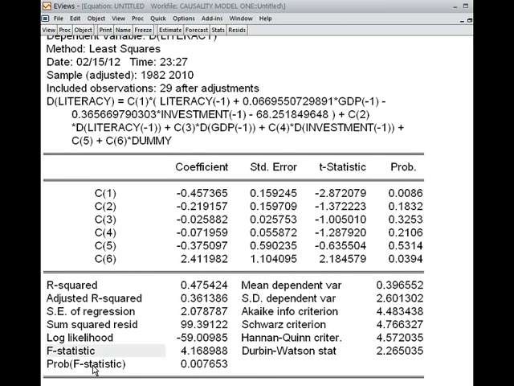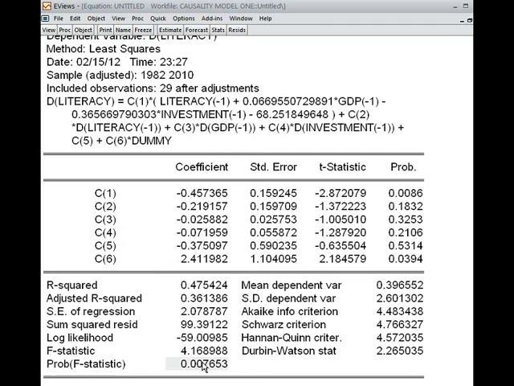Because the F statistic is significant. Actually, what is the F statistic? The F statistic is talking about the joint significance of the independent variables on the dependent variable.